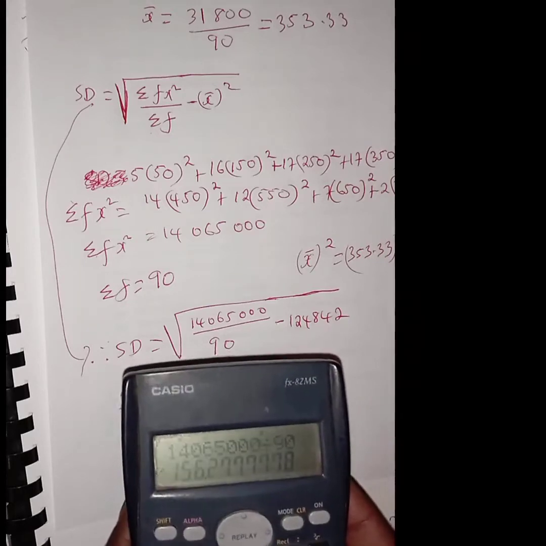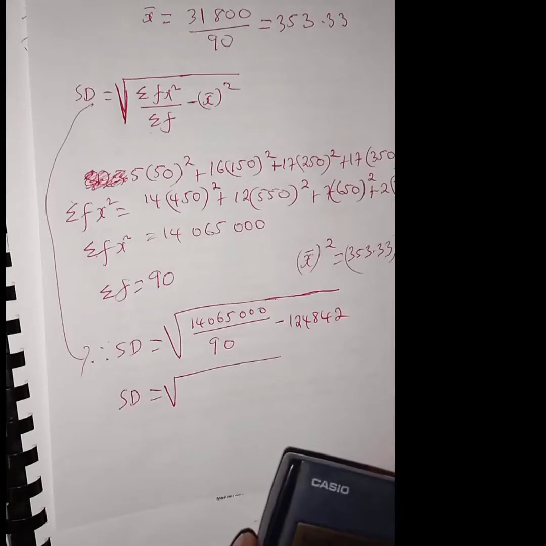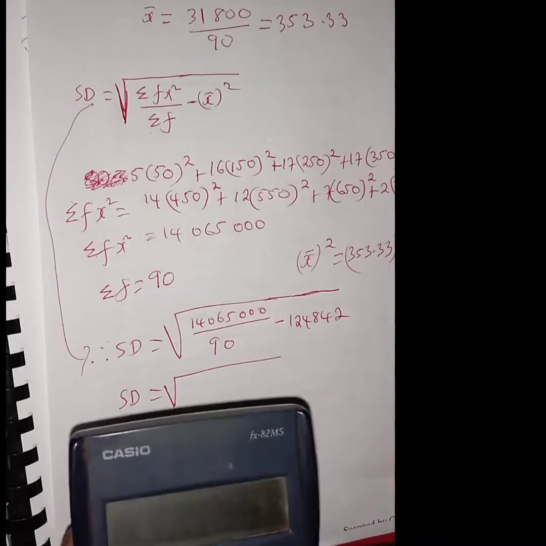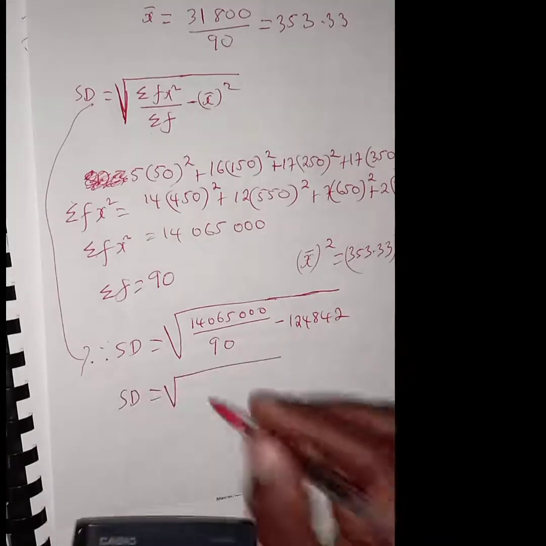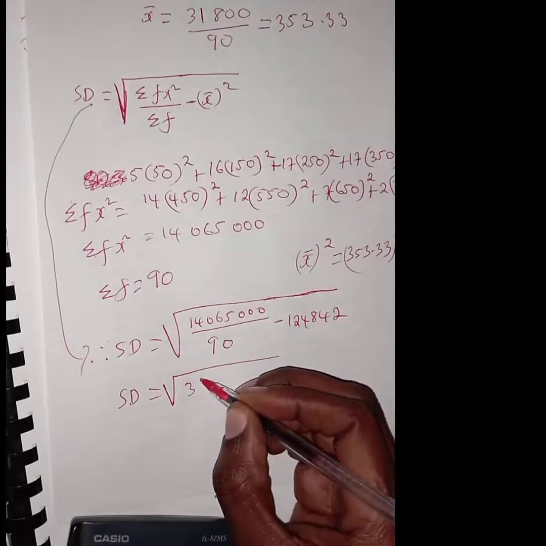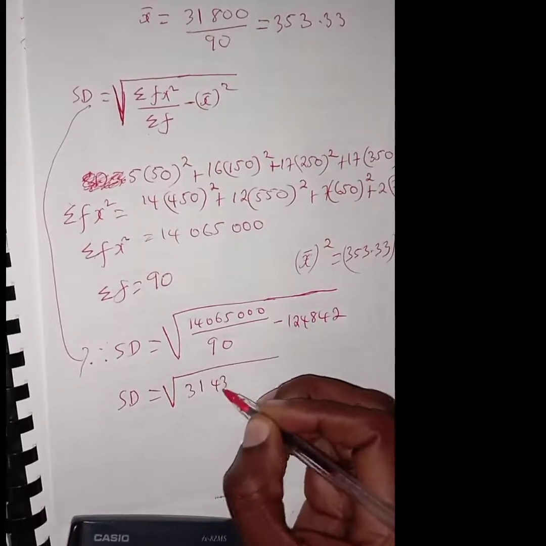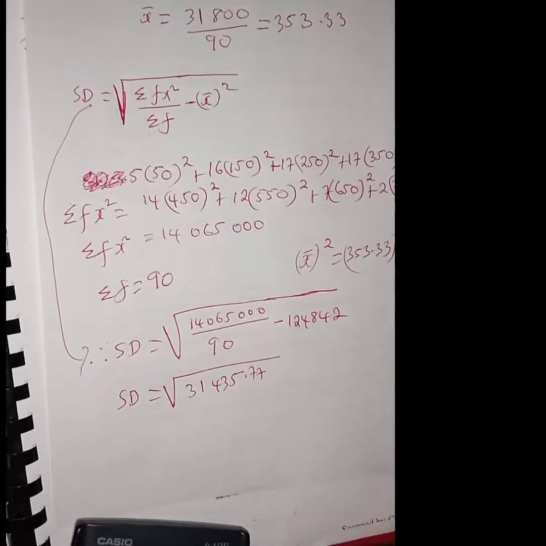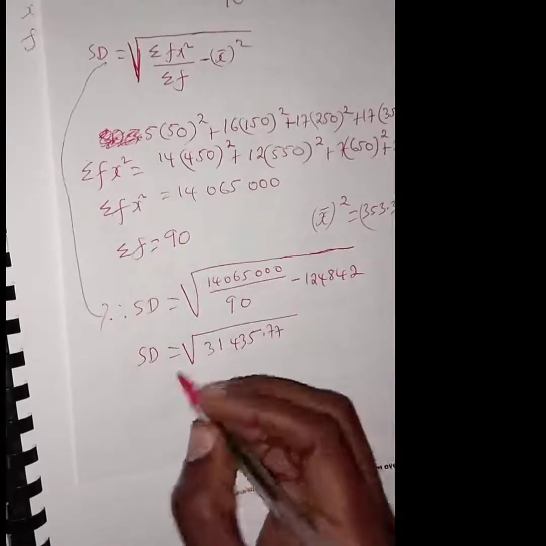When you get this minus 124,842, you're going to get that. See, you have 31,435.777, whatever. They are recurring.